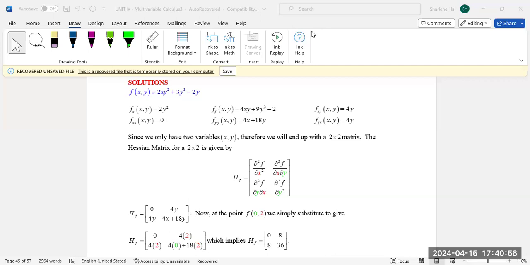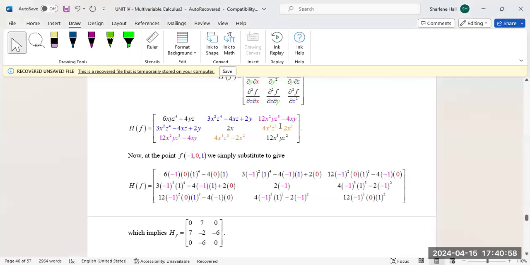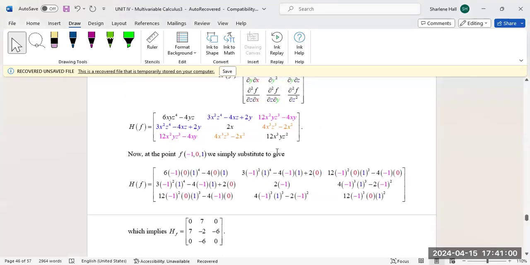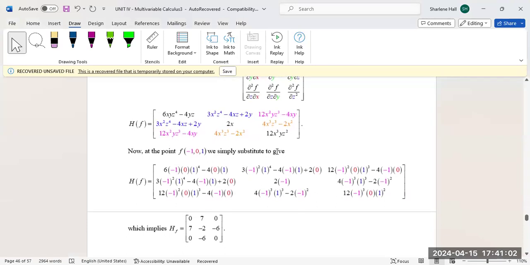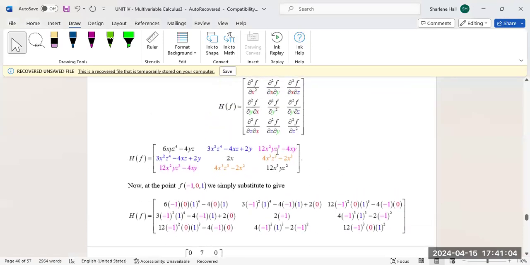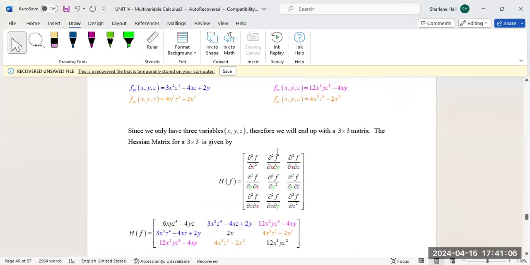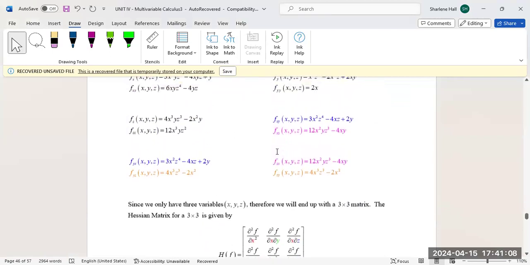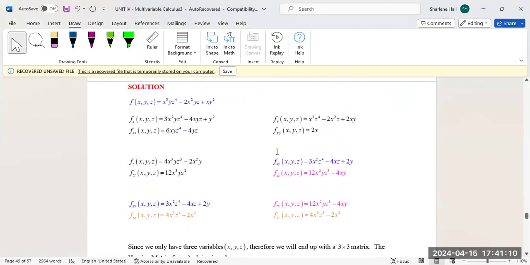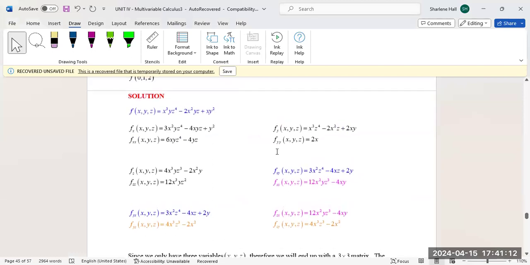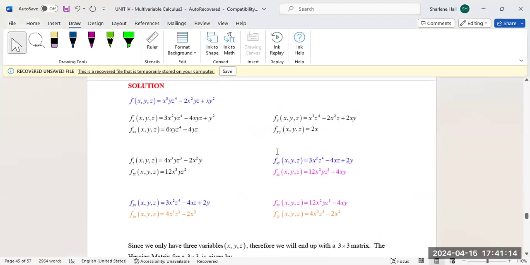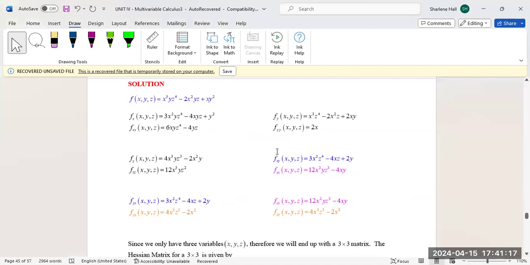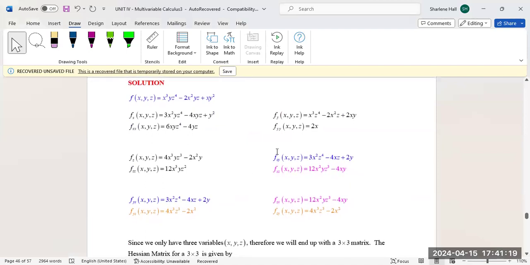All right, very good, Shamari. I'll just project the answers right there: 0, 7, 0, 7, -2, -6, and 0, -6, 0. What I'll do for the rest of you, I will just project the partials for the 3 by 3, and then you can screenshot it and look at it. Taj, I want you to find out exactly where you went wrong, and then let me know. Okay, sir.